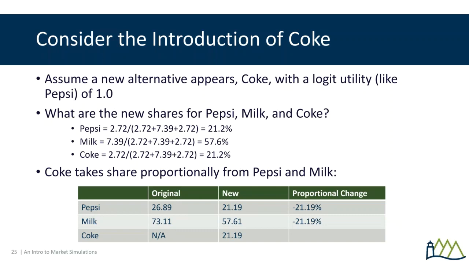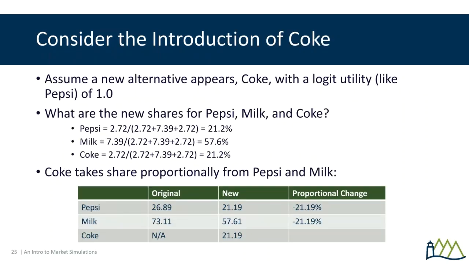There's a change for both Pepsi and milk, but milk loses a lot of share, and we can see that the proportional change in that bottom table is the same because Coke is going to steal proportionately from the other two, but that really shouldn't have taken much from milk at all.